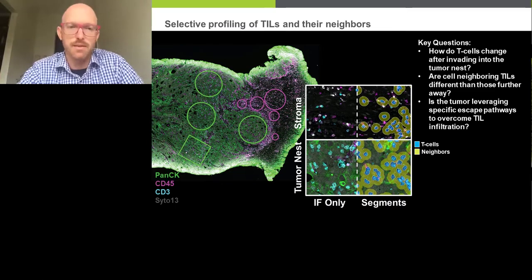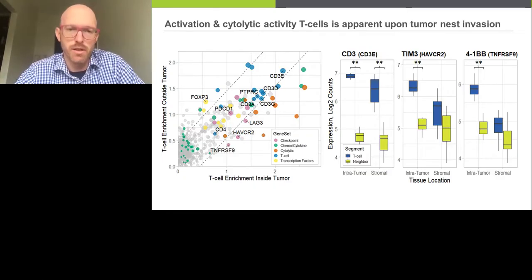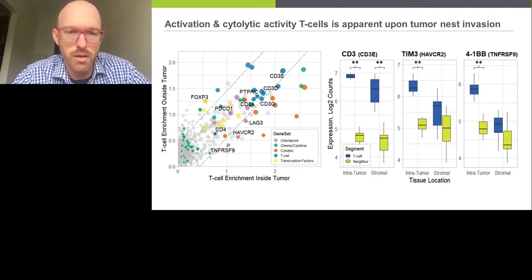And so we can see things, obviously, just as a control, CD3 is highly expressed in T cells, obviously, and lowly expressed in the neighbor compartment. But then you have things like TIM3, which is upregulated in T cells within the tumor, but not so much in the stromal environment when a T cell is in the stromal environment.